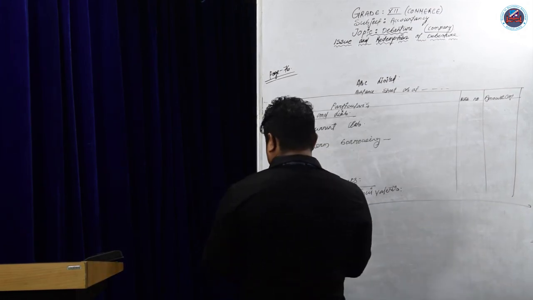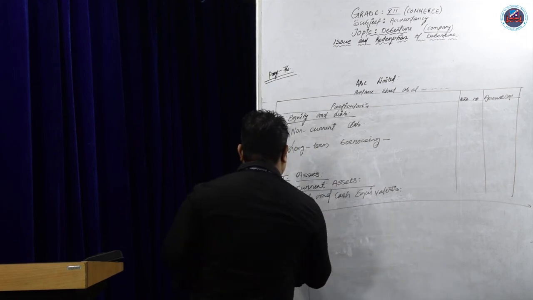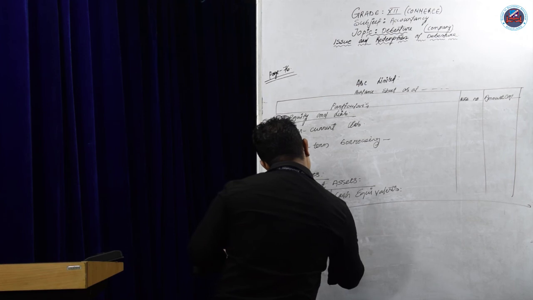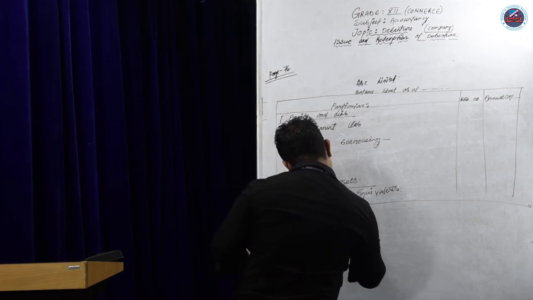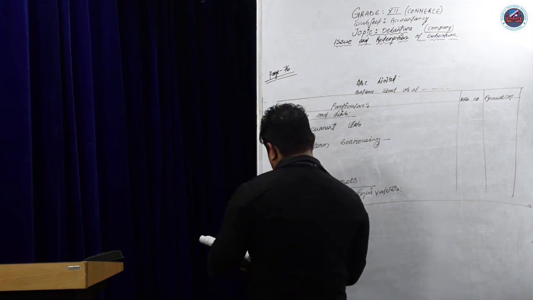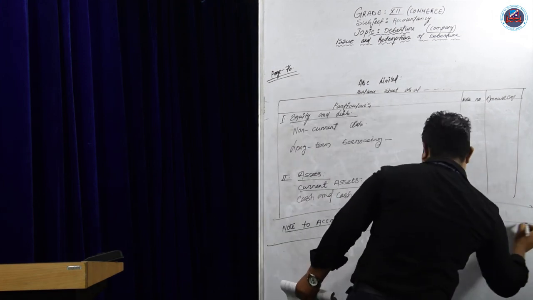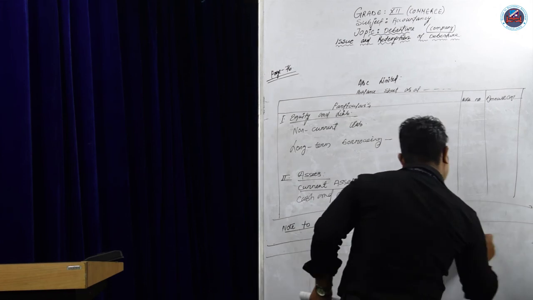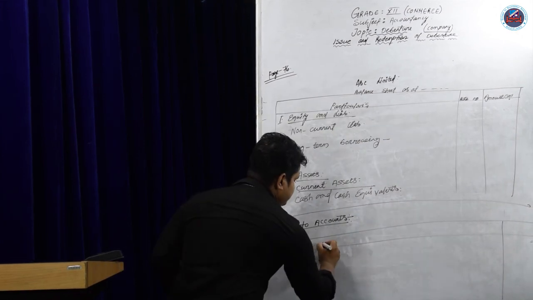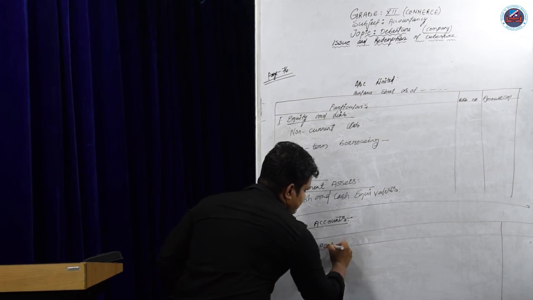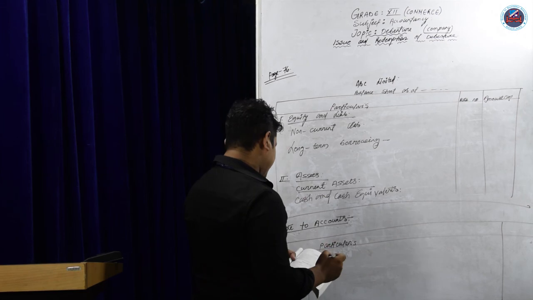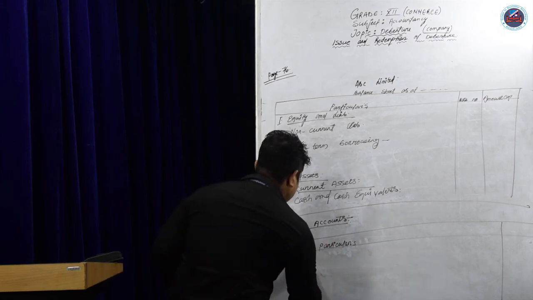Now for that we have to make the notes to accounts. Right here, particulars. Number one note is long-term borrowing.